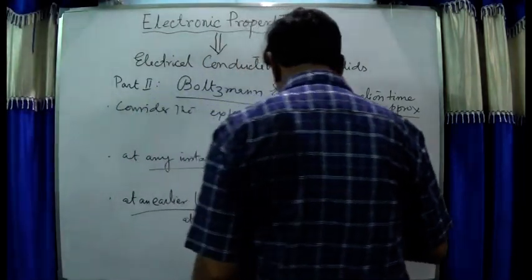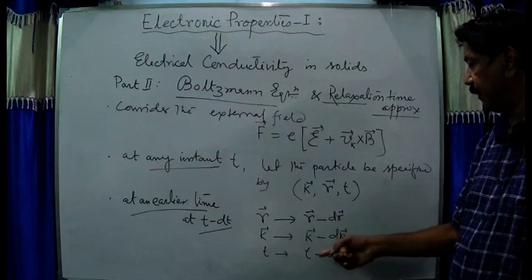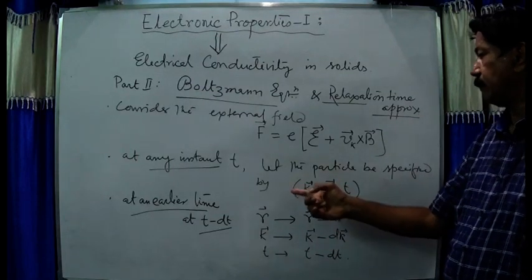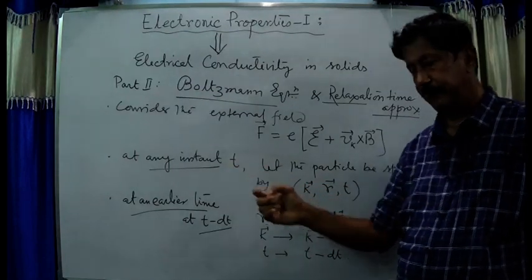So these are the earlier coordinates, and this is the present position at t.